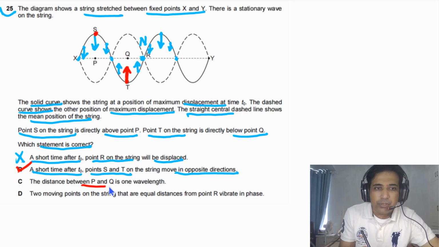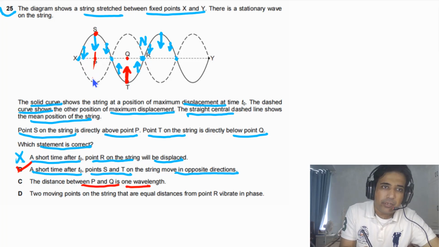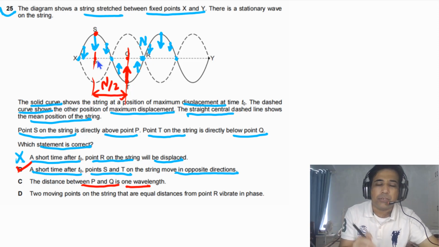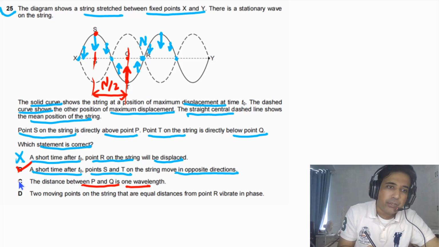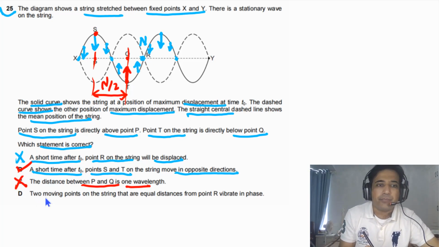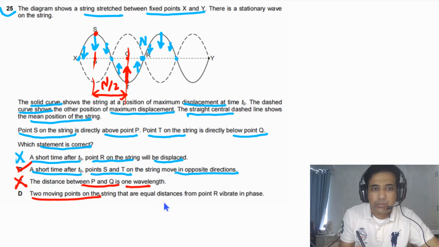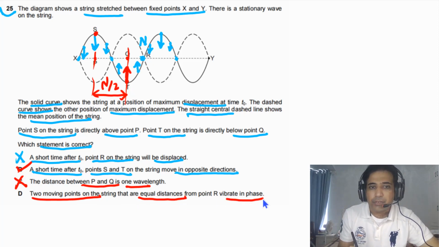The distance between P and Q is one wavelength. The distance between this point and this point is one wavelength. This is incorrect because this distance is equal to lambda by 2, as this is the distance between two consecutive antinodes. So this is also incorrect. The two moving points on the string that are equal distance from point R vibrate in phase.